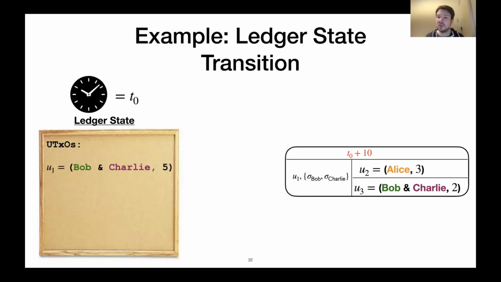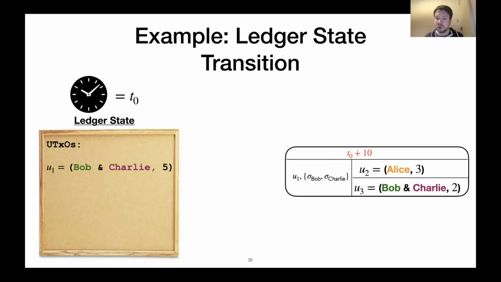Now, an example of how this would look. On the left side here, you can see the ledger state. Right now, the ledger contains only one UTXO, U1. And at the current moment, we have time t0. On the right, we see a transaction. This transaction has one input, namely the UTXO U1 within the ledger state.